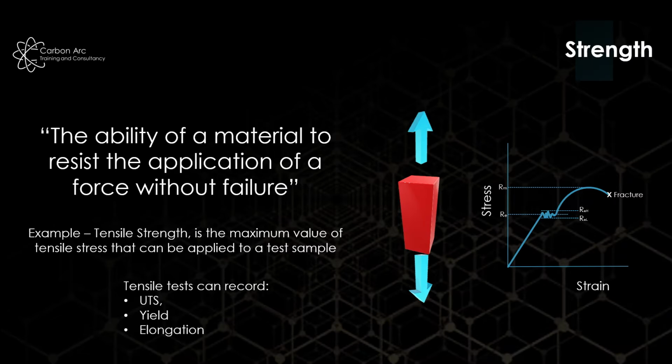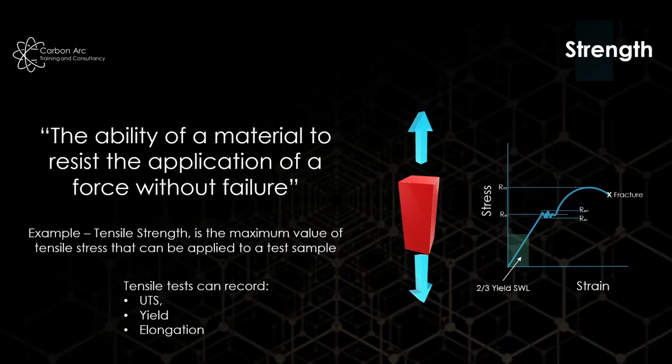Those UTS and yield values help us see the strength of the material. We take that information, and in steel, we'd normally apply a 2/3 limit to the yield point in order to get our safe working zone.